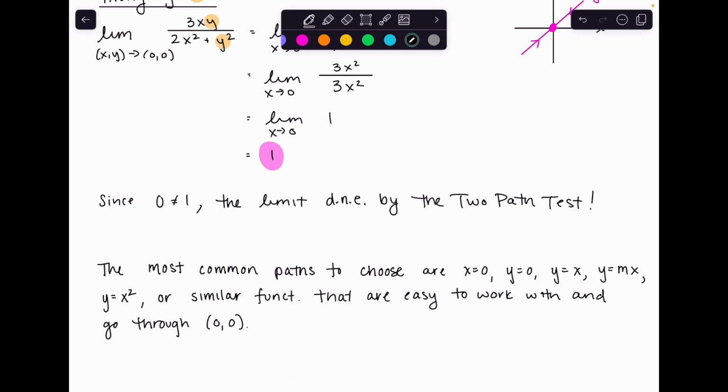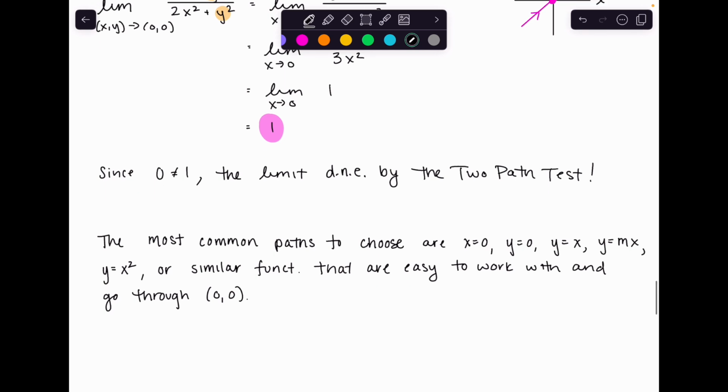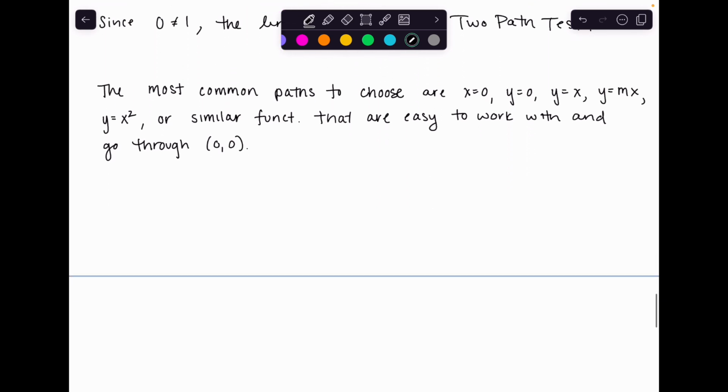So now we've hit that point. What happens if a limit exists? How do we show that? So we've got a couple things. To show a limit exists, we can use a definition, which I know you're not going to do or want to do, but you can.